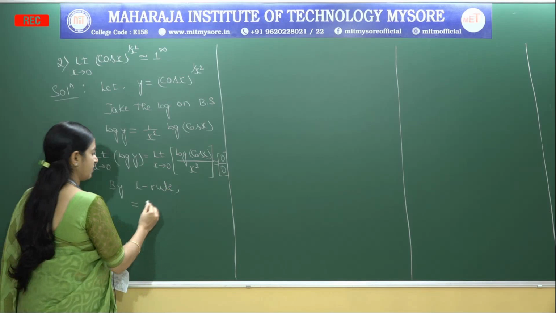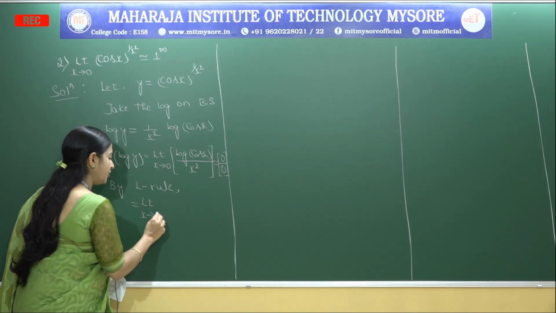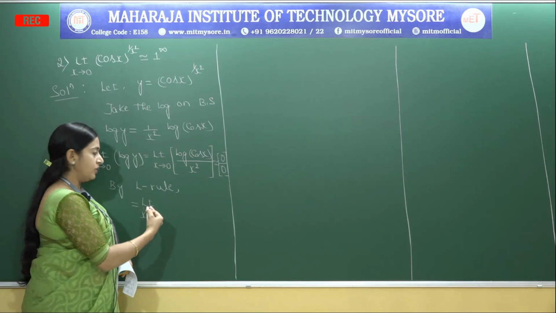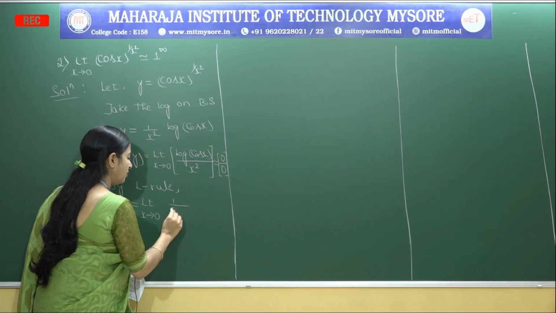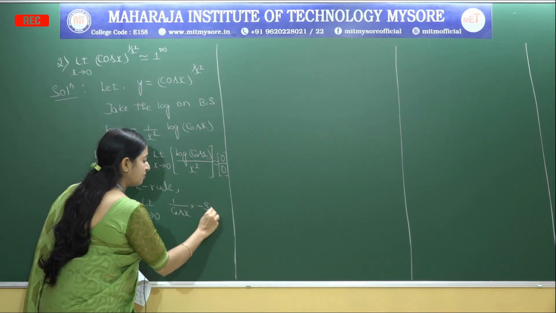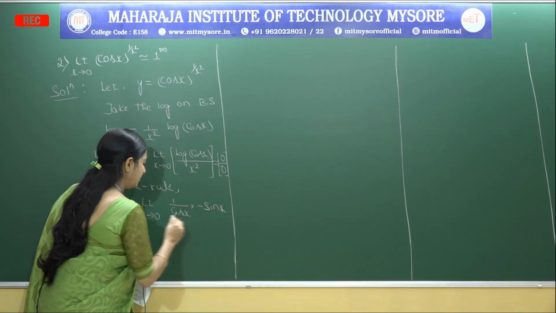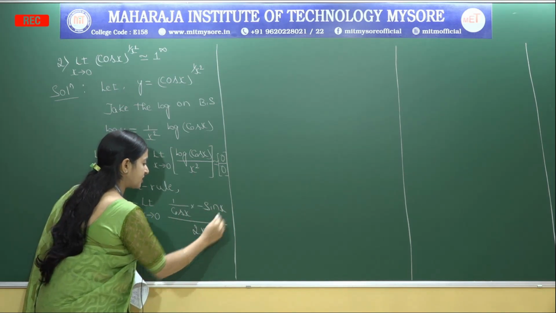The L'Hospital rule means you have to differentiate the numerator and denominator separately. Log cos x differentiates to 1 by cos x times the derivative of cos x, which is minus sin x. The denominator x square differentiates to 2x.